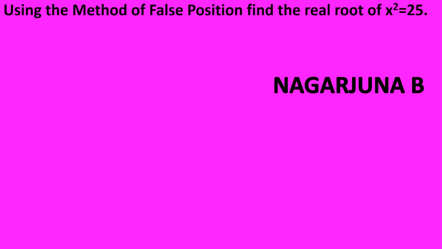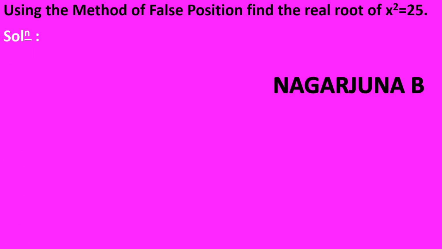Using the method of false position, find the real root of x square is equal to 25. This much is only given in the question and they have not given the interval. We need to find the interval, and the given equation is x square is equal to 25. This one you need to consider as f of x by taking it in an appropriate form. That means converting this into an appropriate form.